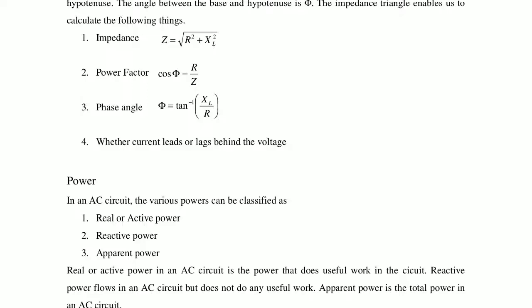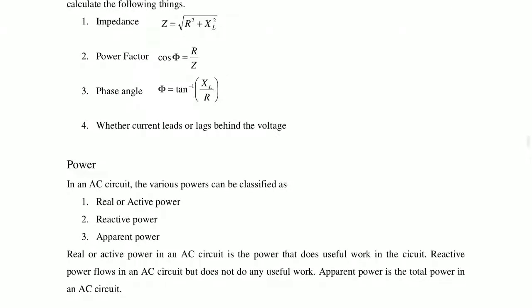So real or active power in an AC circuit is the power that does useful work in the circuit. Reactive power flows in an AC circuit but does not do any useful work. Apparent power is the total power in the AC circuit, that means active and reactive.